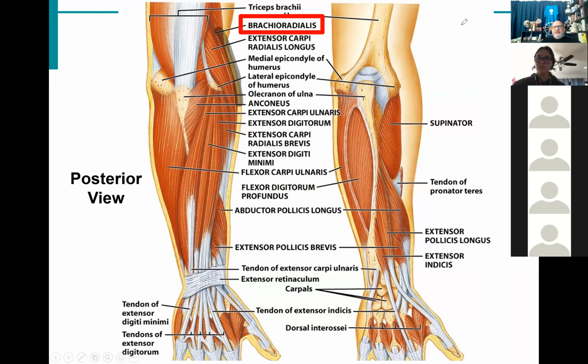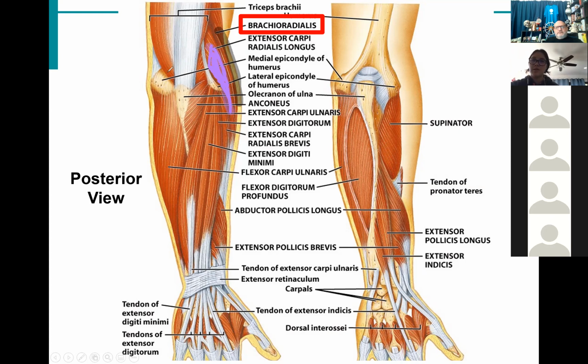And right next to that is a small bellied muscle with a, well, here, let's make it stand out more. Small bellied muscle with a long tendon that goes to the backside of the thumb. So what is this small bellied muscle right here?